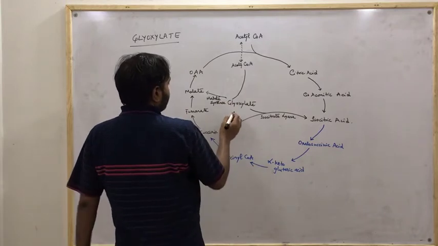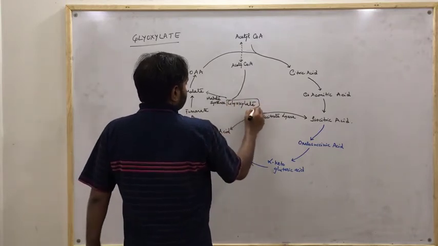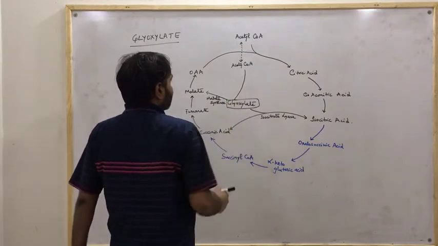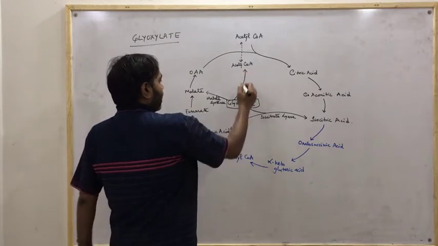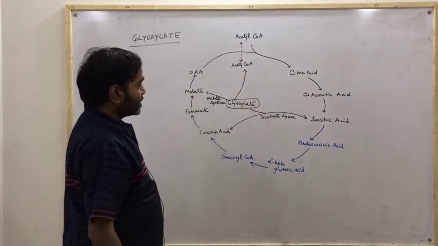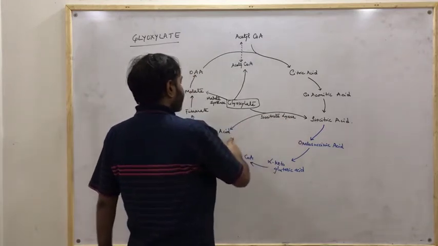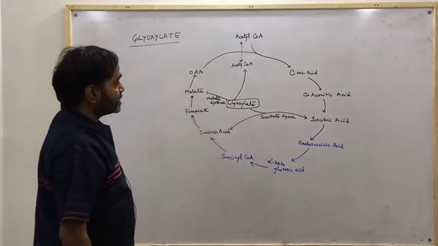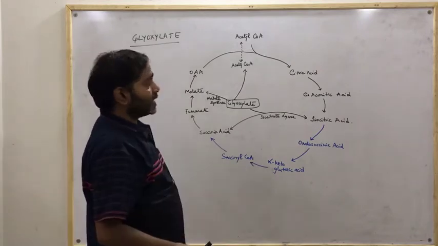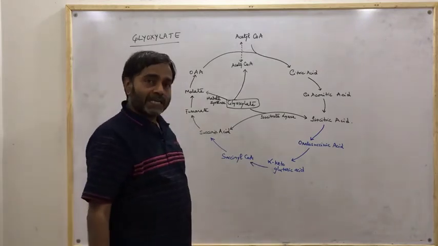So it is very important. You may just mention here that glyoxylate is the compound lying at the junction, because by this the conversion of isocitrate into succinic acid is possible. On the other hand, it may directly get converted to malate.